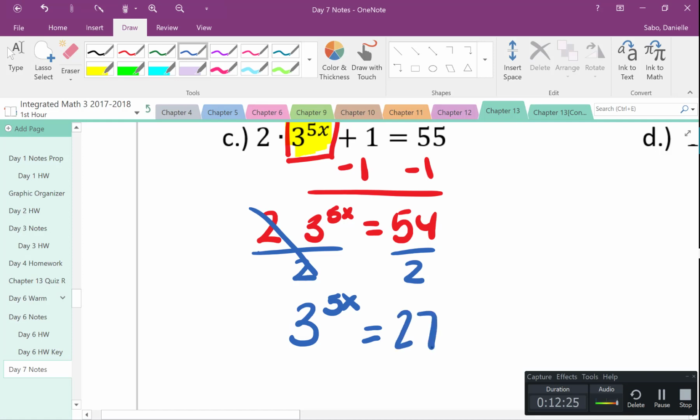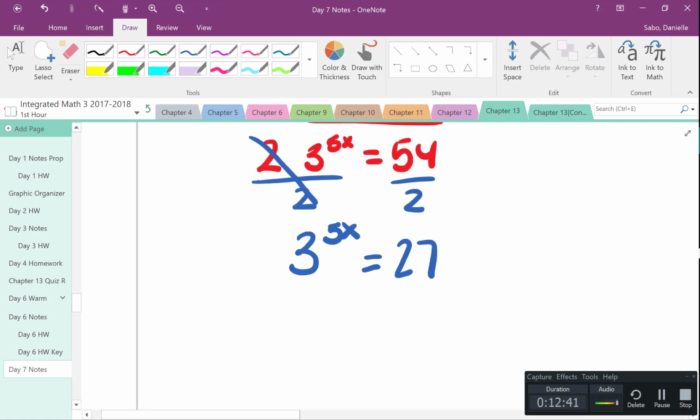All right, now there are 2 ways you can do this. You can convert to log, or you can use the common bases. Which one do you want to do? Let's do common base. If you see that, then go ahead and do that. So I have 3 to the 5x power is equal to what?